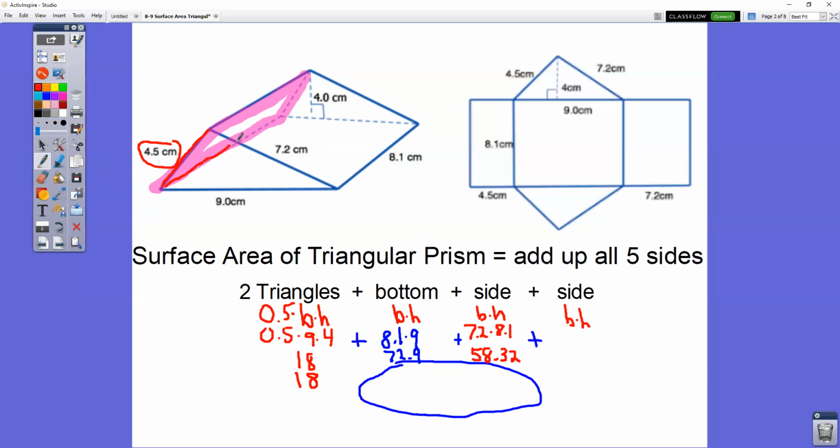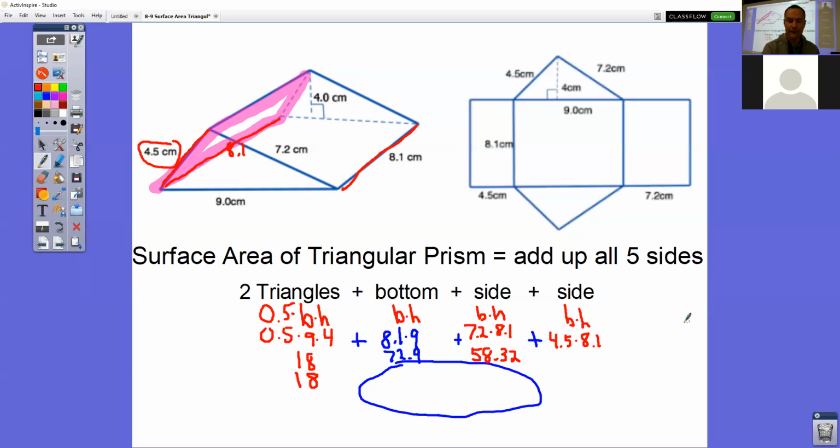I need this length as well. Now that length is the same as this length. So that is 8.1. So I'm going to do 4.5 times 8.1. All right, 4.5 times 8.1 gives us 36.45.